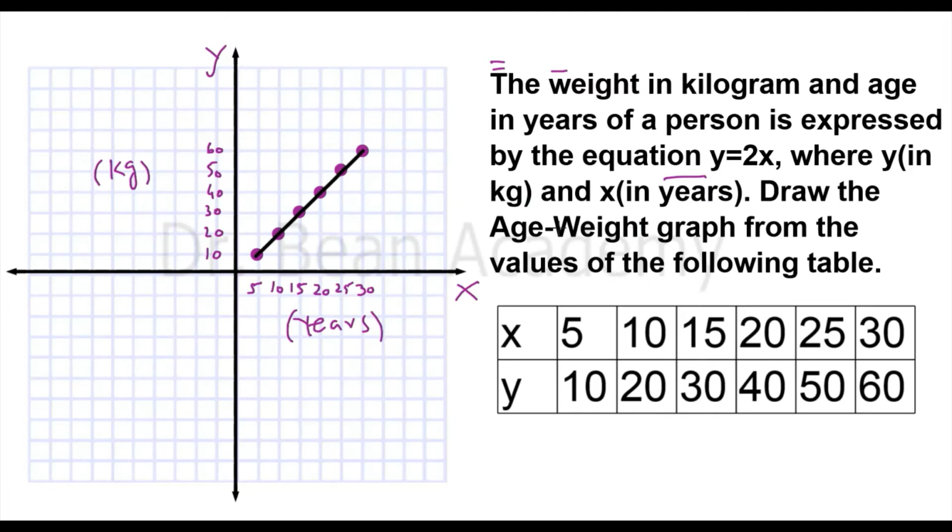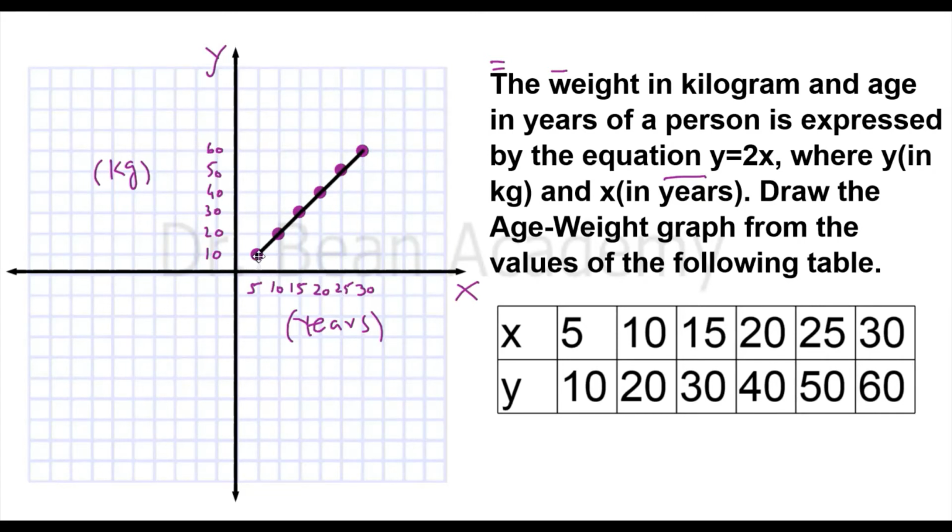But merely drawing the graph is not enough. You should be able to understand what it is showing and to get necessary information out of it. For example, I can see that when the age of the person is increasing along the x-axis, his weight is also increasing.